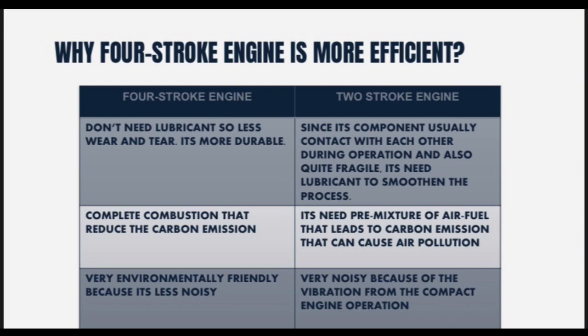Furthermore, the four-stroke engine also makes less noise because of less vibration, so it is also sound friendly. In conclusion, four-stroke engines are more efficient than two-stroke engines in terms of application to modern industry, less wear and tear, reduced pollution, and being environmentally friendly.